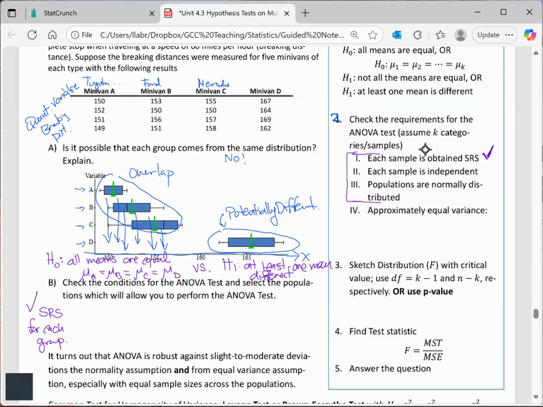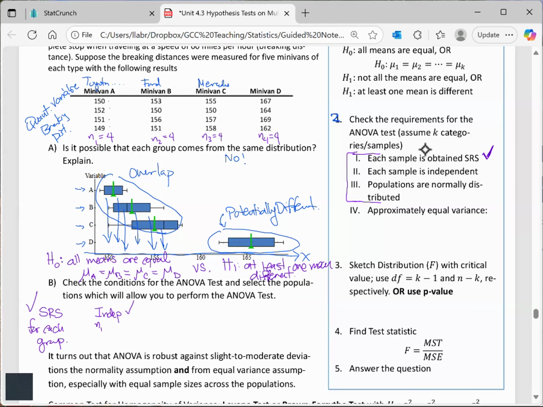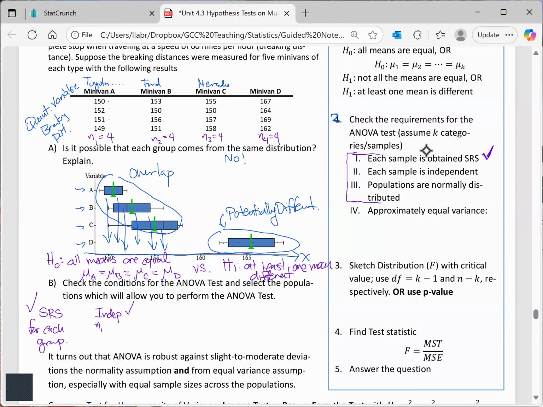Requirement 2 is independence. Remember that this basically says that within group 1, the samples are independent amongst themselves.